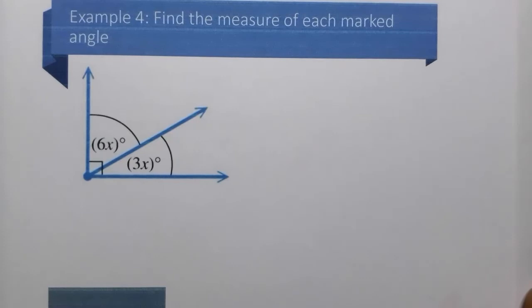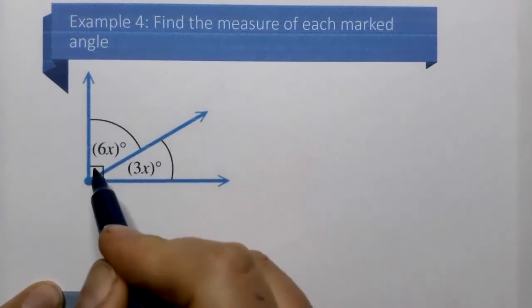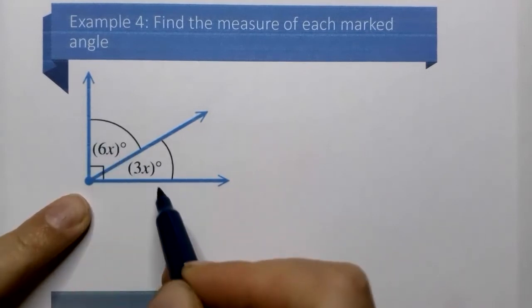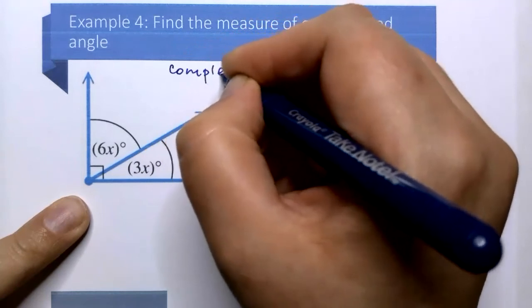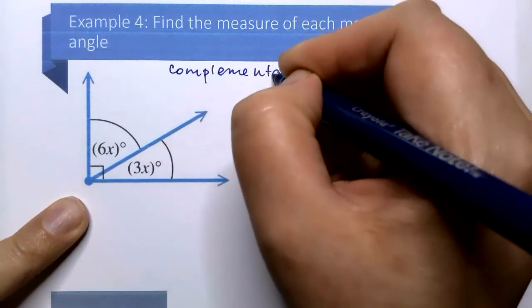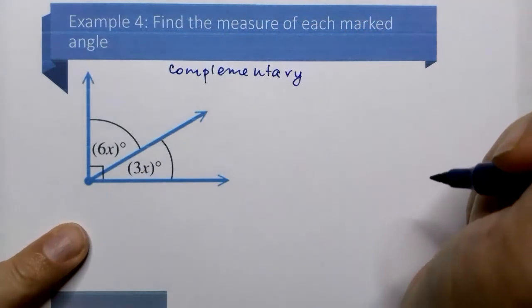And the last problem that we're going to look at in this video is the following. Find the measure of each marked angle. So from this picture, we know that these angles are complementary, right? How do we know that? Pause if you need a minute to think about it.